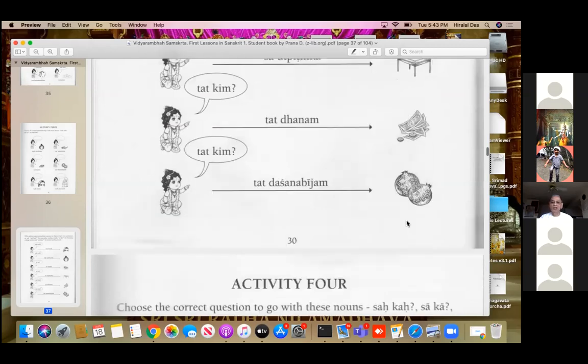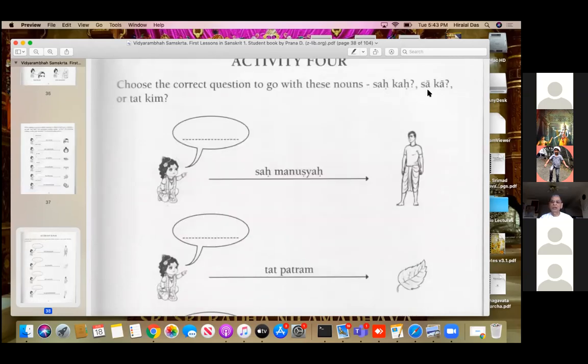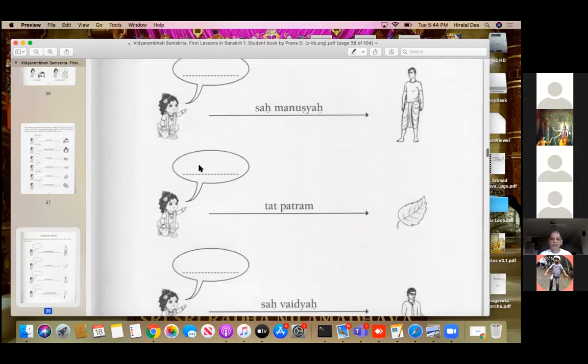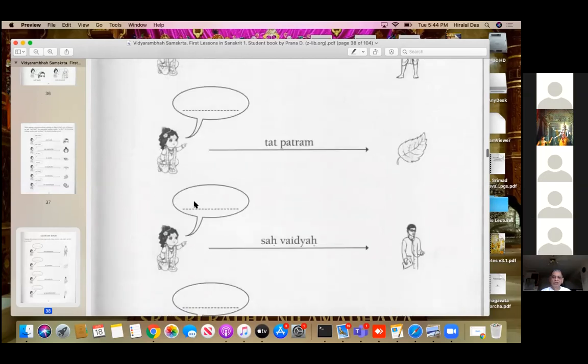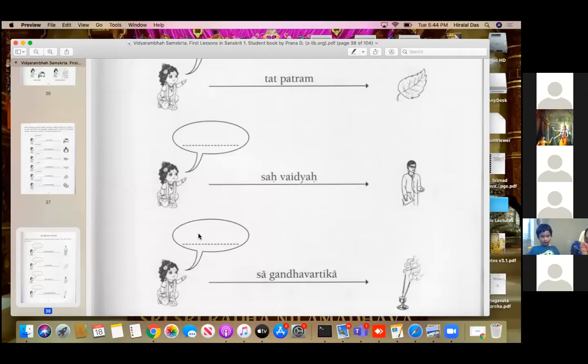Okay. Now let's do the exercise here. You have to use saha kaha, saka, or tat kim, depending on what gender it is. Here, tat kim. Okay, here. Saka.